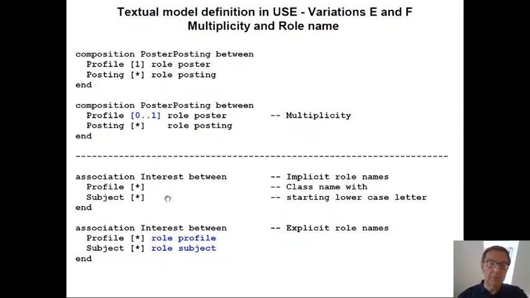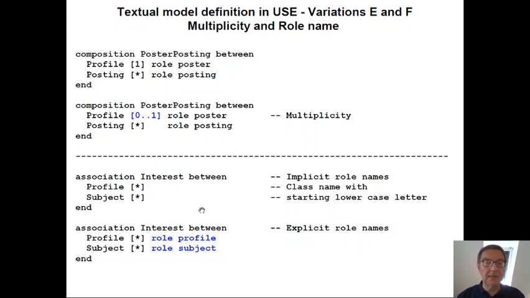In the original model, in order to demonstrate the option that you can have implicit role names, in the original use file, the association interest had no explicit declaration of role names. So the role names, as seen here below, simply were missing.